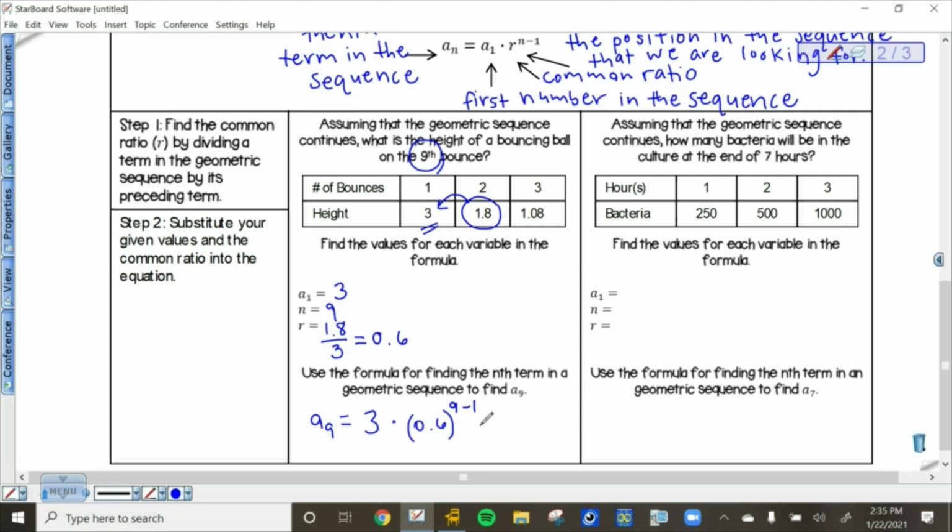So let's just rewrite that. That becomes 3 times 0.6 to the 9 minus 1, that's 8, so to the 8th power. We can put that into our calculator. We get 3 times 0.6 raised to the 8th. That gives us 0.504.